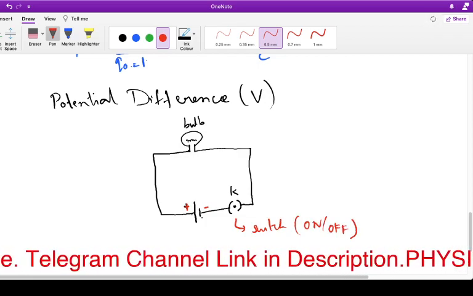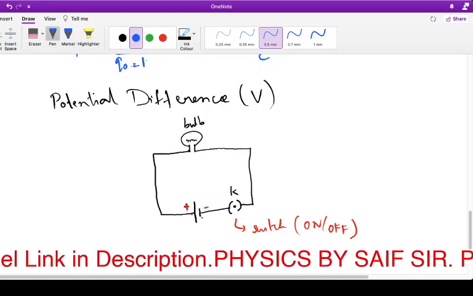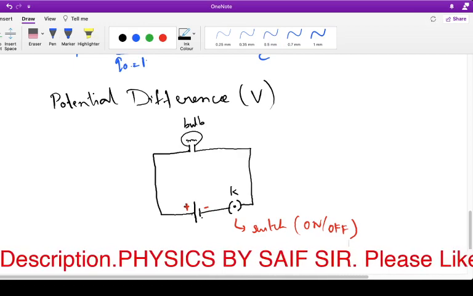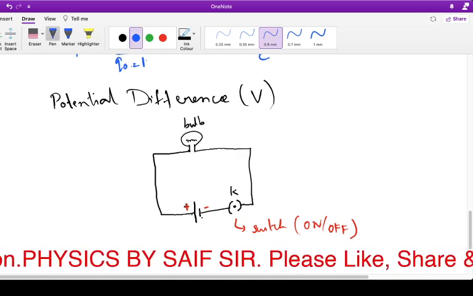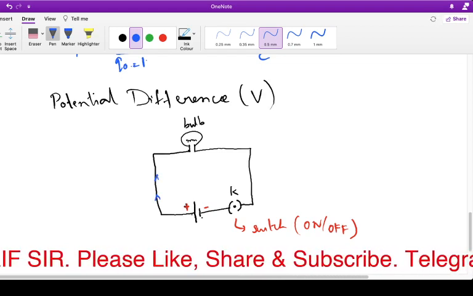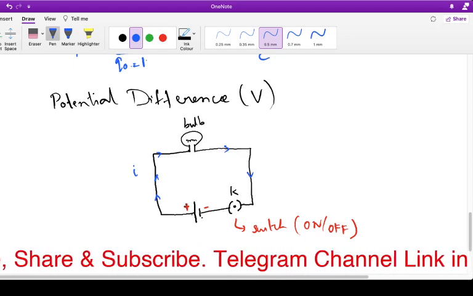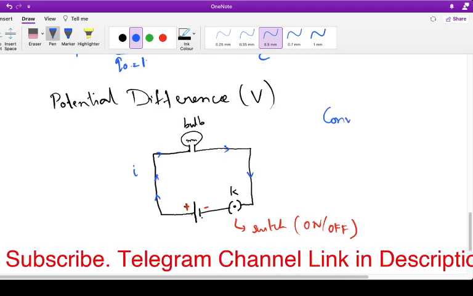Now we will see the conventional direction of current flow. The conventional direction of current flow is from positive to negative. This is the direction of the current flow.